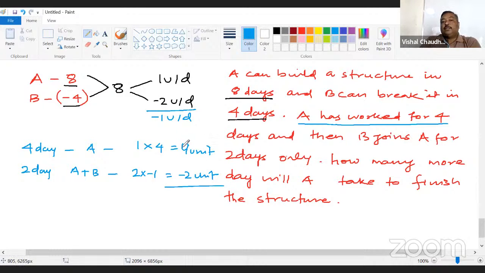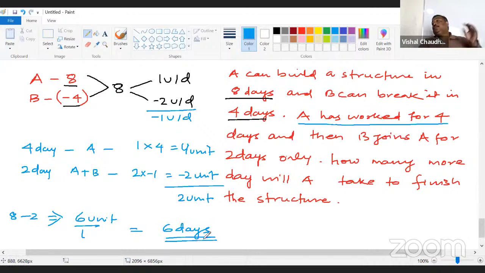Total unit is how much? Total unit is 2 units only. Out of 4 units, 2 units are destroyed. So remaining units is 8 minus 2, 6 units, which will be done by A. So 6 by 1, he will take how many days more? 6 days more to finish the job.